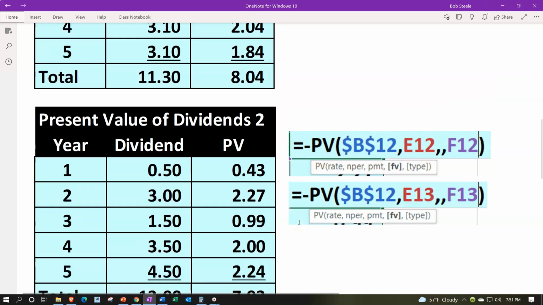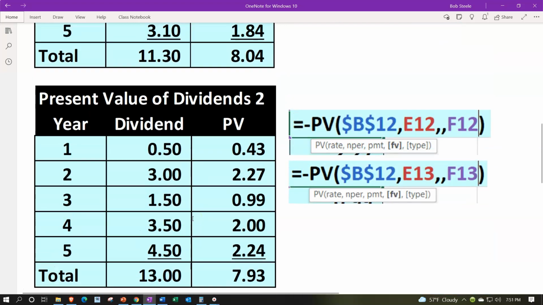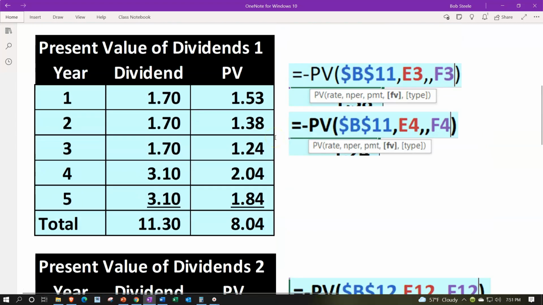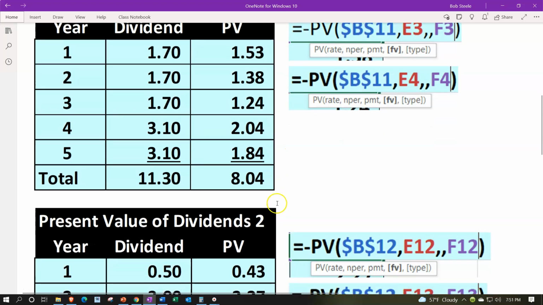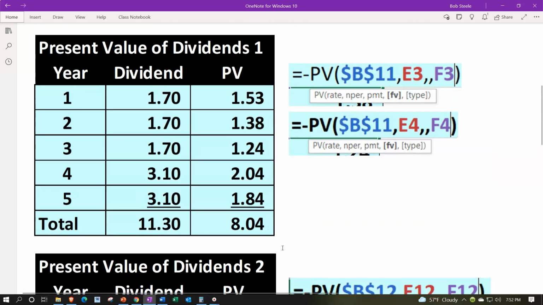And that results, even though we had the 11.30 up top versus the 13 for total dollar amount of dividends, we end up with the first one being a better choice possibly, given the fact of the higher discount rate due to what would be considered the volatility or the risk involved, the 8.04 being higher than the 7.93. And that would mean that the first scenario would look better under the conditions that we put in here because it has a higher present value calculation.